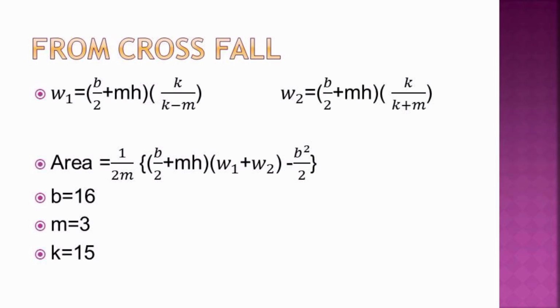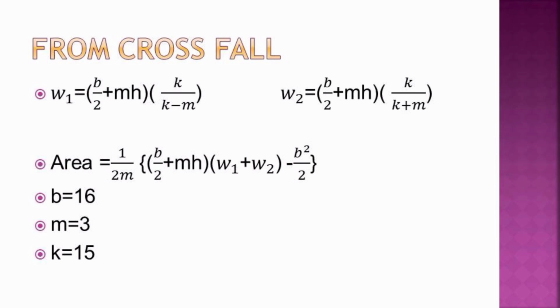When calculating crossfall, first of all, you have to find the side widths, that is W1 and W2, and the formulas are there on the screen.